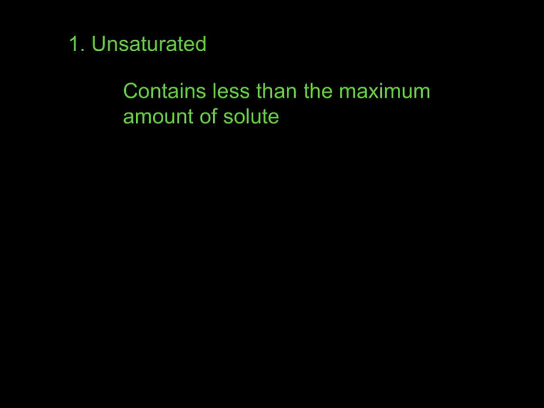The first stage is called unsaturated. This is where you have just begun to dissolve small amounts of solid in the liquid. At this point, right at the beginning of the dissolving process, the solution contains less than the maximum amount of solute.